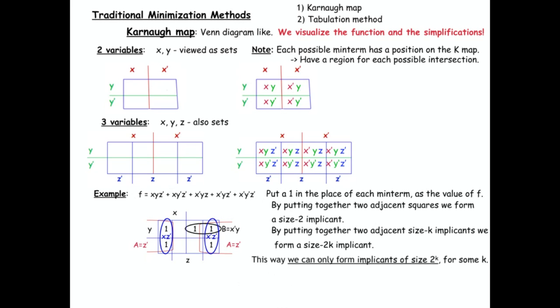Questions? Okay, project. Wait, how is it a plus b? I thought it was times. Well, our standard representation is sum of products, right? So we start with the sum of products.